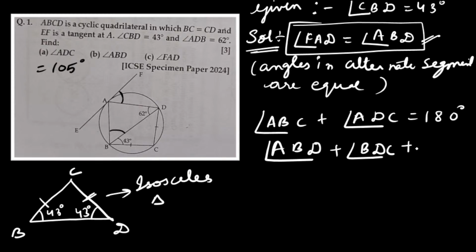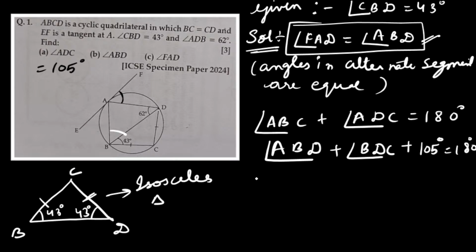And ADC we have already found in the first part. So 105 I'll write directly is equals to 180 degree. See, ABC is this thing. Here I have ABC. ABC is this angle plus this angle. This angle is ABD and this one is DBC. So like this ABC I have written as the sum of two angles.